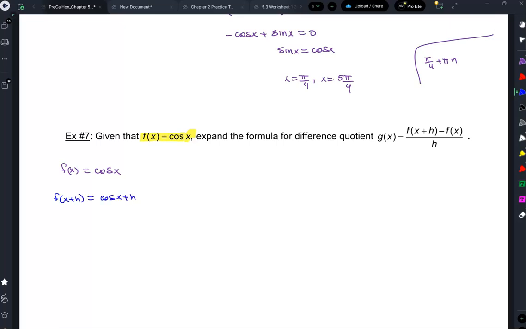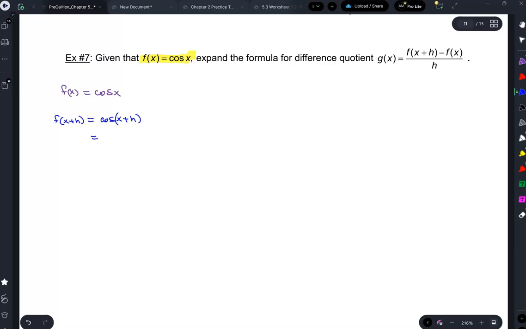Cosine of x plus h. But now that in itself is a sum of a cosine, right? Cosine a plus b. So this is cosine minus sine. And there is nothing else you can do to simplify this because you don't have any values. They're both variables at this point.